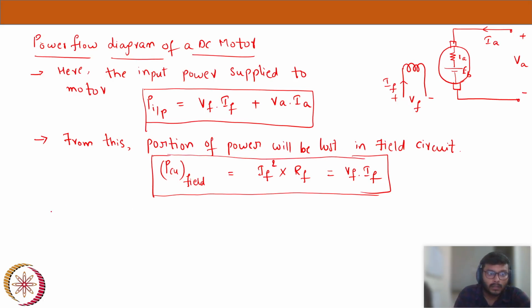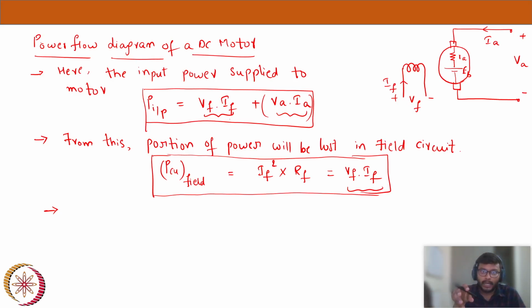Okay, so this is the power available after the power has been lost in the field circuit. Now see, the total power is VFIF and VAIA. From this, VFIF is lost in the field winding. So the remaining power is VA into IA. That is the power we call the input power to the armature circuit, right?